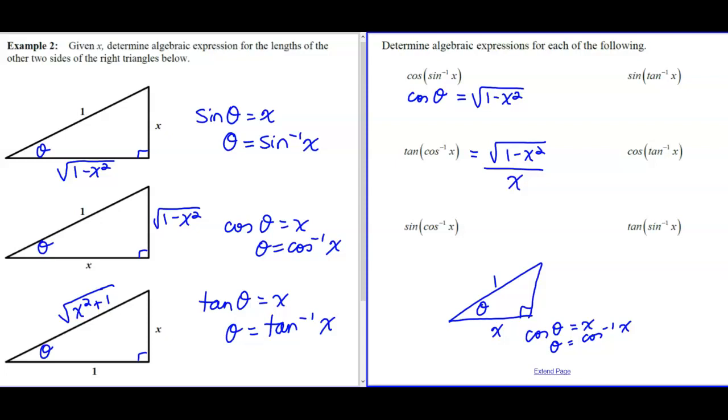This is kind of like your work. Now, the next question uses cos inverse of x as well. So I've got that triangle here. Now I'm finding sine. So sine is opposite over hypotenuse. So that's just the square root of 1 minus x squared.